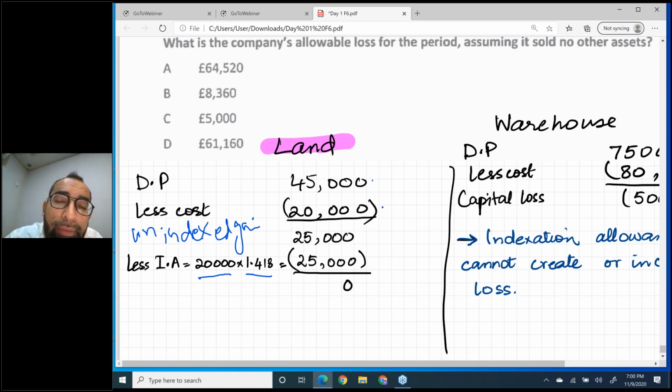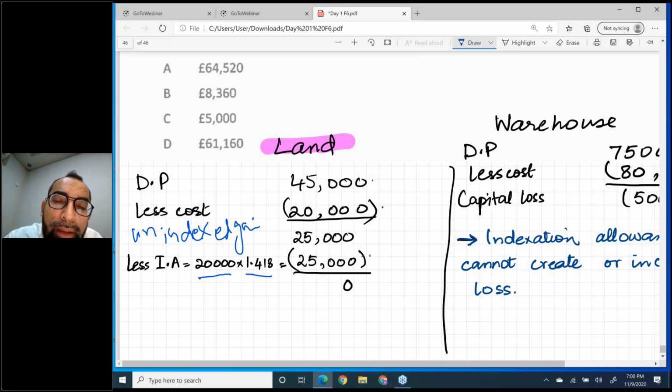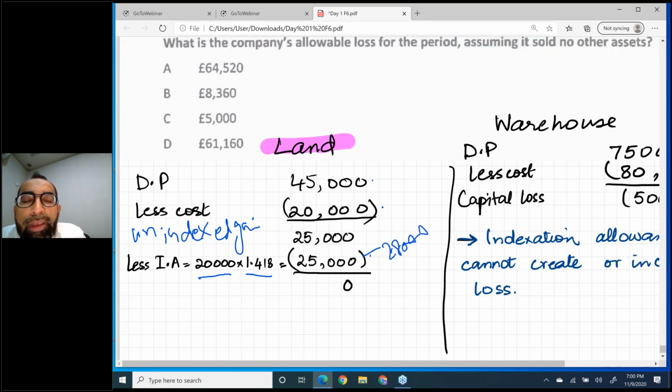But listen, if you deduct 28,000 from here, you will get a negative number, a loss. And what I just taught you is that indexation allowance cannot create or increase loss. So if you get a negative number because of indexation allowance, you just write zero.